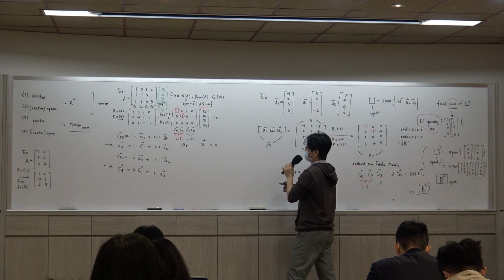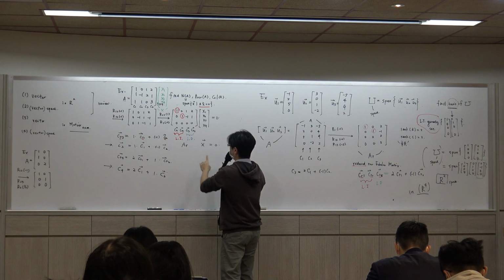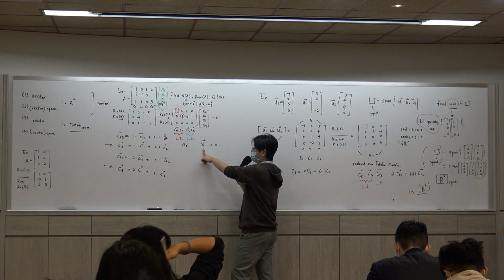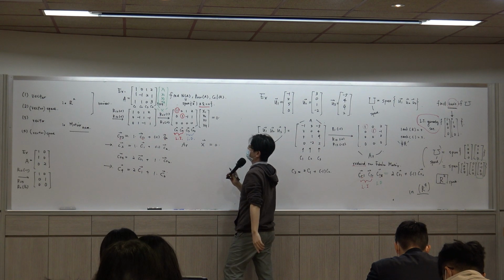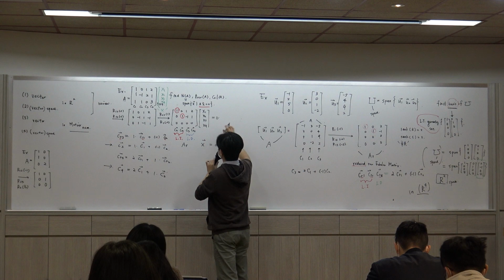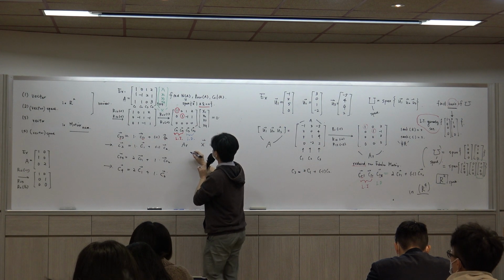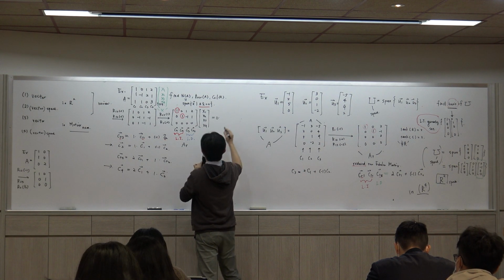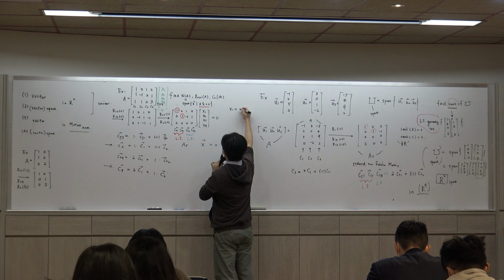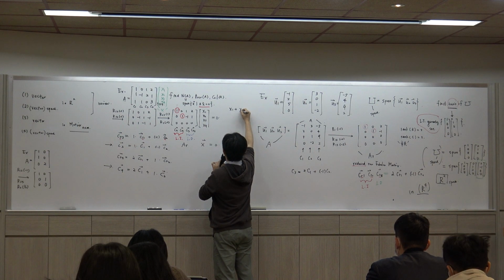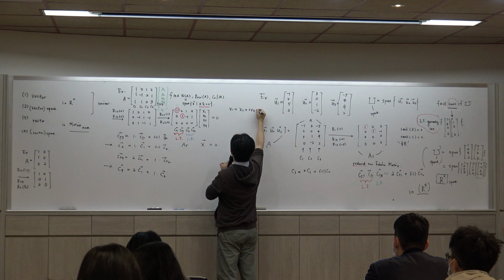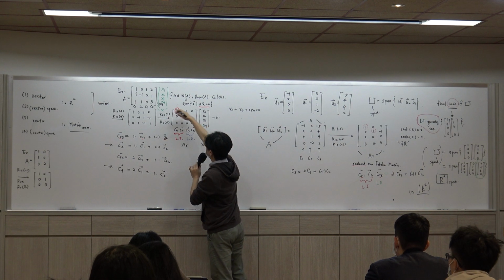We want to derive the non-zero solution of X. So here we have the relationship: for the first row, S1 plus S3 plus 2S4 equals 0.